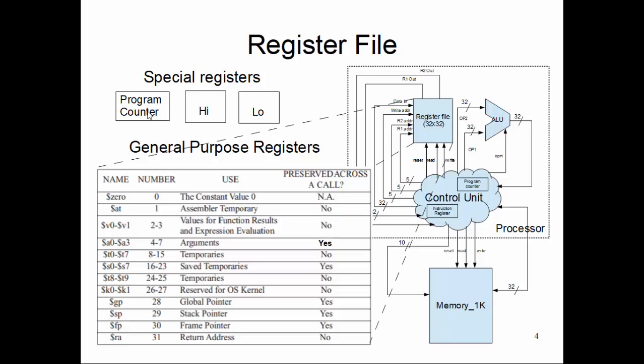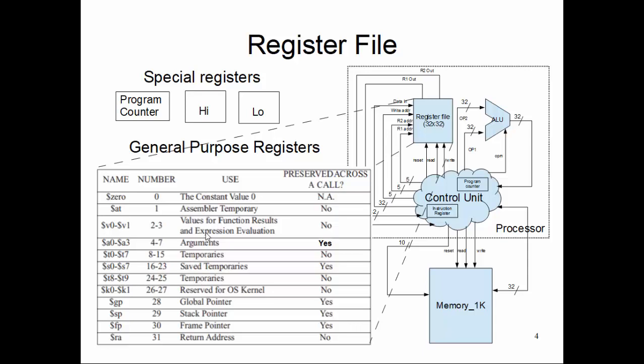Now high and low are two special purpose registers, which also we cannot read and write directly, but we can read and write indirectly. What it means is that we cannot access these two registers, high and low, in the similar way that we access the other 32 registers.